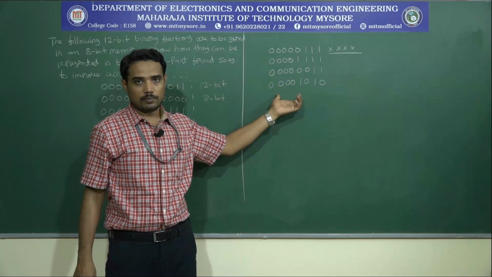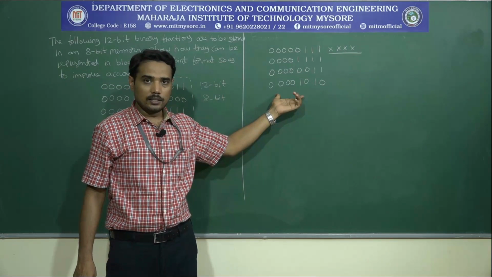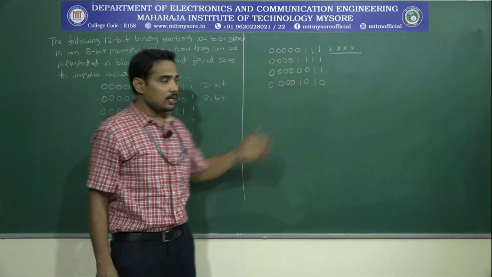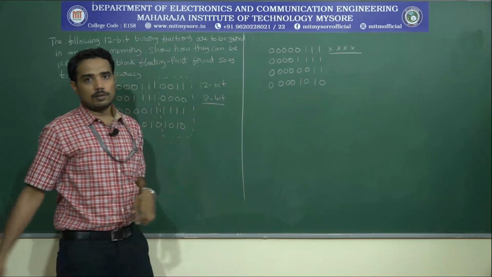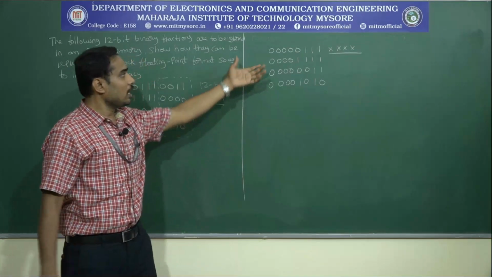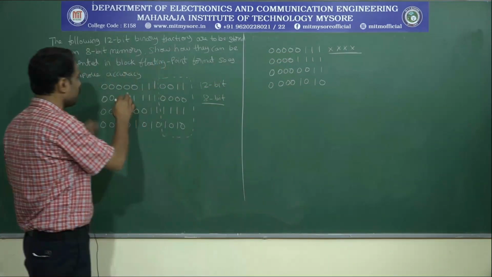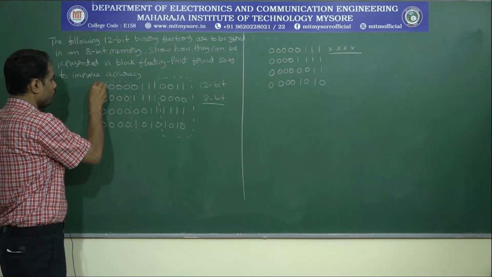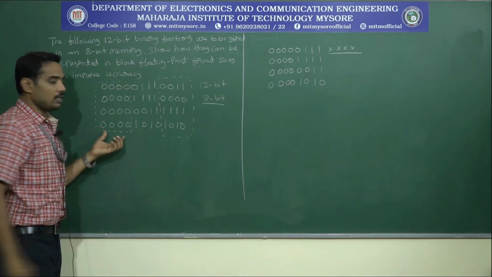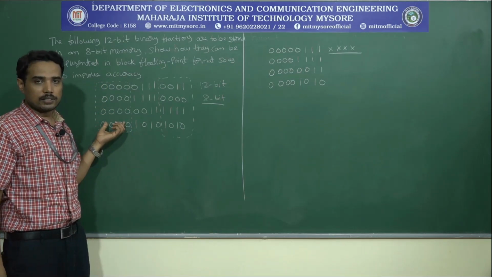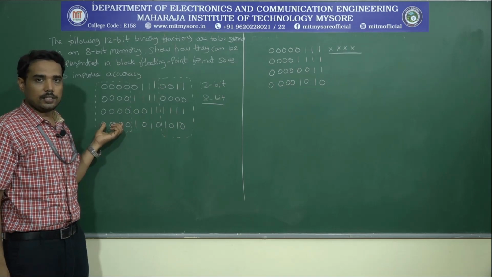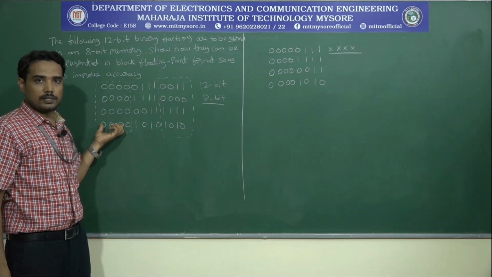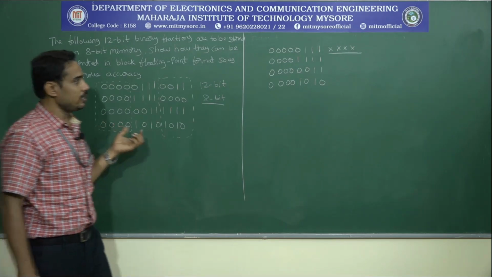In order to overcome this problem, that means we have to maintain the accuracy and at the same time store the same data in terms of 8 bits, you have to see the higher order bits. In this case, all the 4 leading bits are equal to 0. So I can easily neglect the 4 bits in each case and write like this.